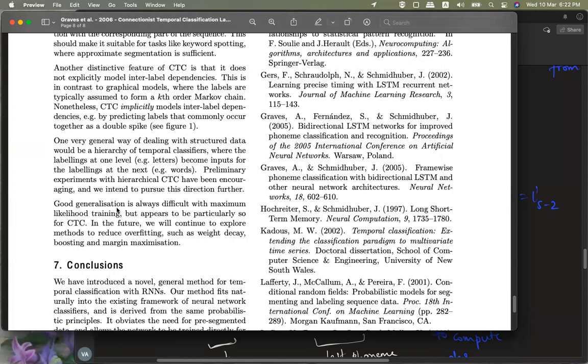Keyword spotting means, let us say, I will give you a very popular example. When you say Alexa, Alexa is all the time listening to you, but not doing any action, because it is looking for that keyword Alexa. The moment you say Alexa and it recognizes that keyword, immediately it starts full-fledged speech recognition.